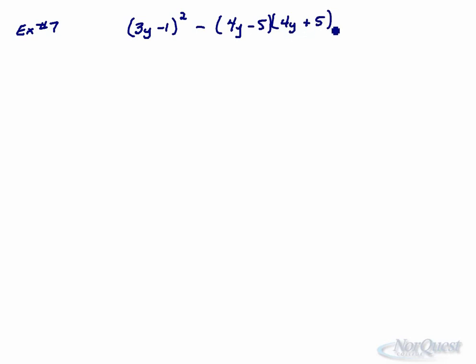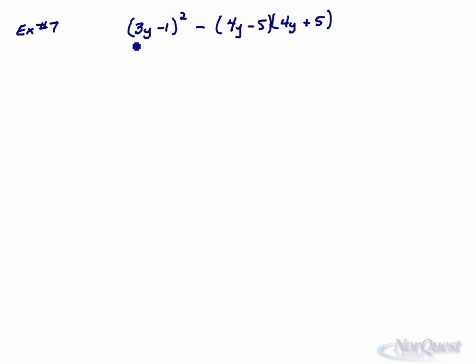So these are 2 of our special products. The 3y minus 1 squared will end up being a perfect square trinomial, and the 4y minus 5, 4y plus 5 is a difference of squares. So there are shortcuts for these, which I'm going to use.